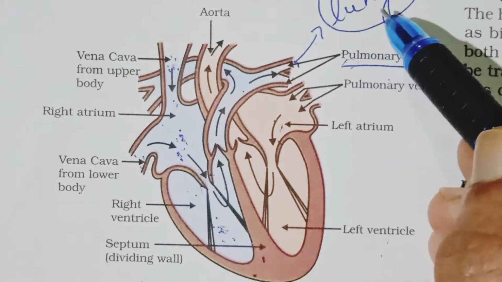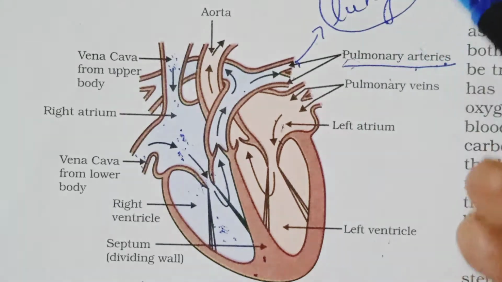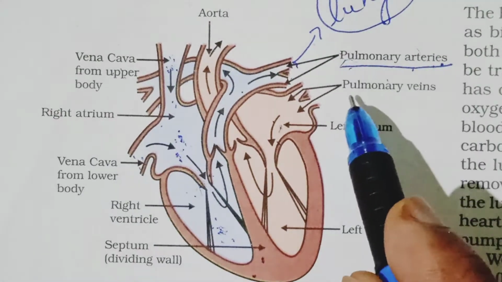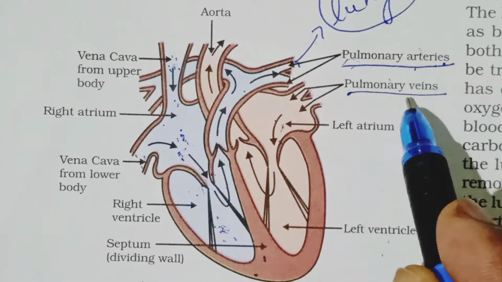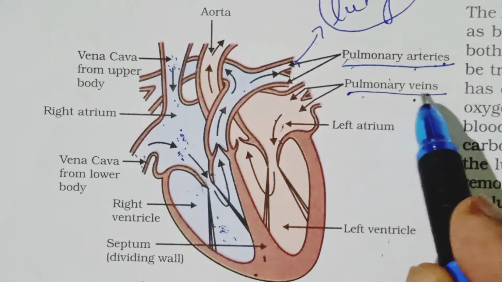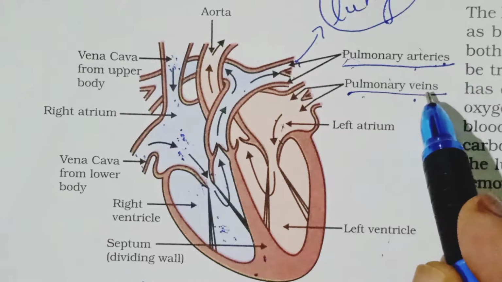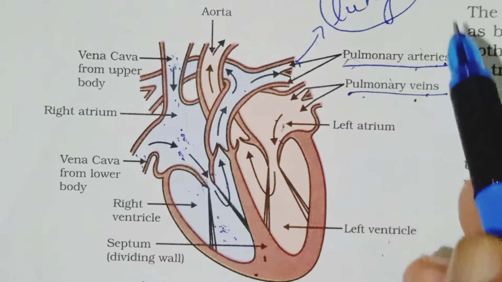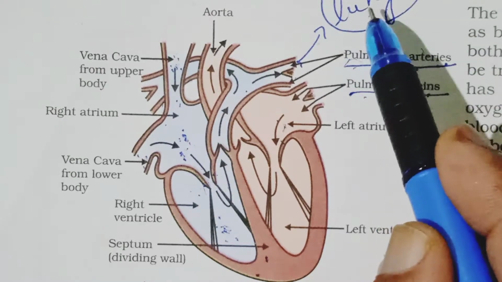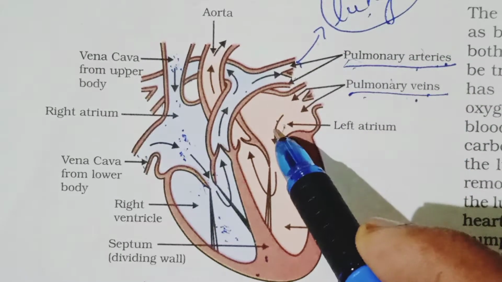Then this oxygenated blood is carried back by the pulmonary vein. Again we have one exception, that is, the pulmonary vein is the only vein that carries oxygenated blood. After oxygenation in the lungs, the blood is carried back into the heart.